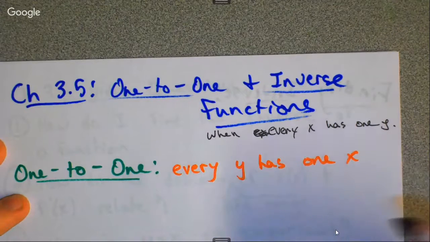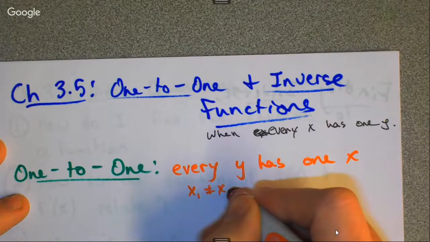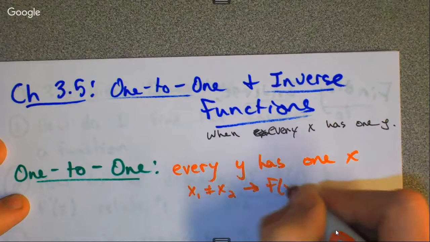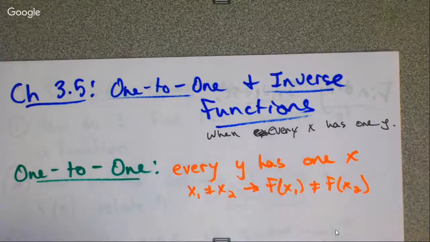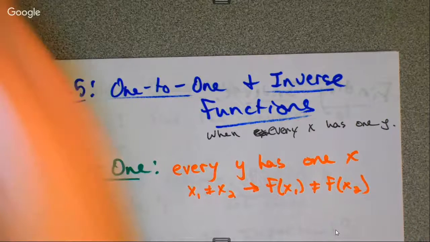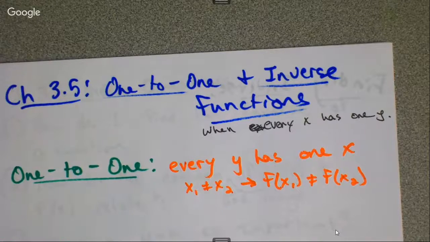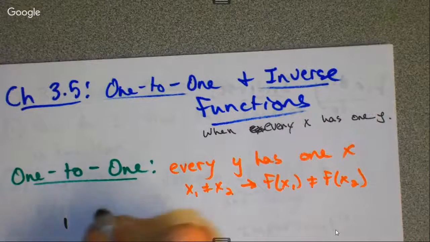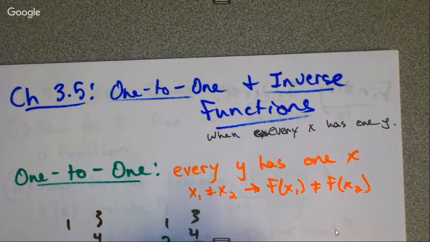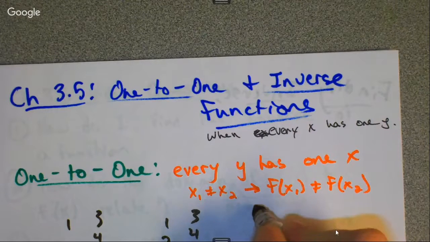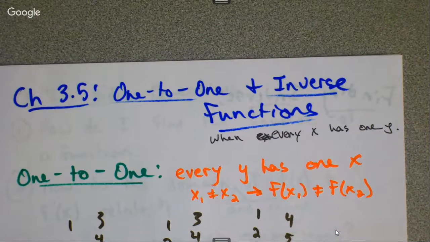The book says that if x1 does not equal x2, then f of x1 does not equal f of x2. And that's just saying the same thing. So if we have some examples here, let's say 1, 2, 3, 4, 5 and 1, 2, 3, 4, 5, 6.